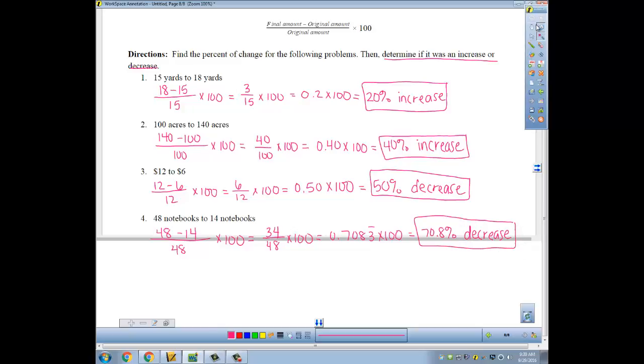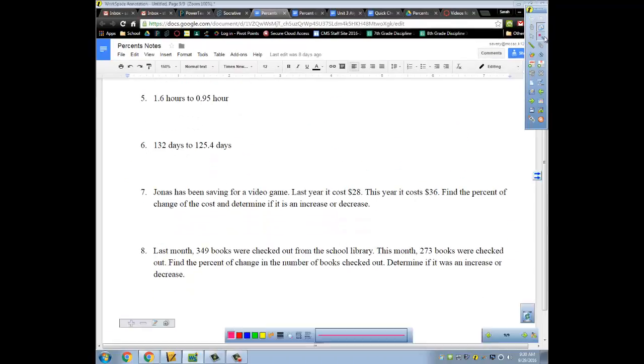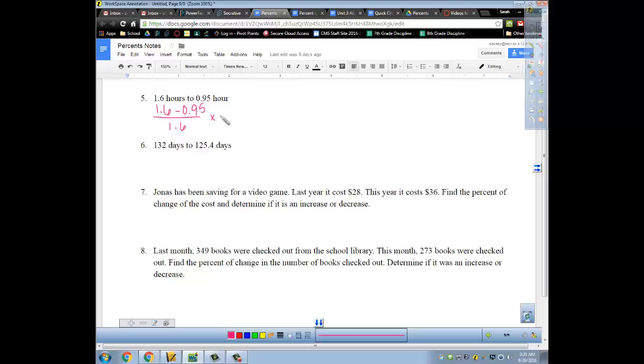Okay, I'm going to move down. Number 5, subtract to figure out the change. Divide by the first number and times 100. 1.6 minus 0.95 is 0.65.